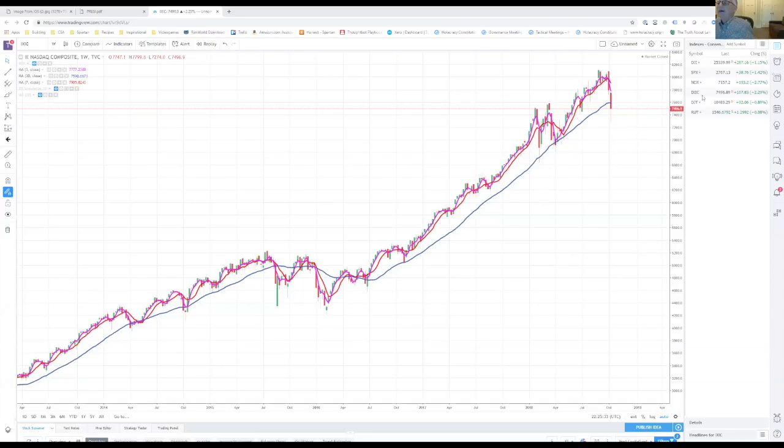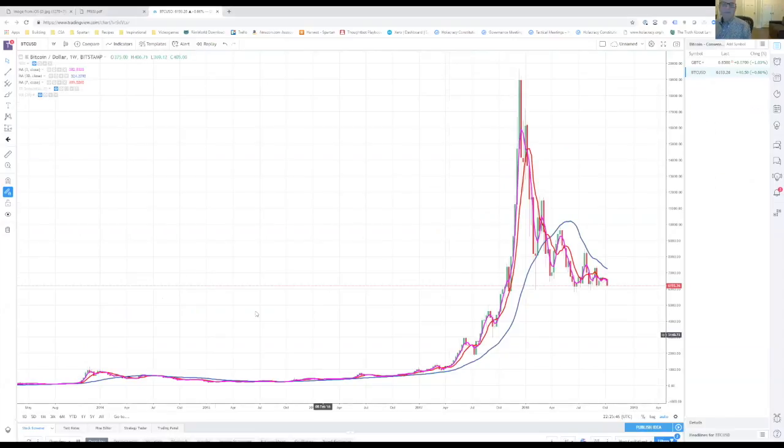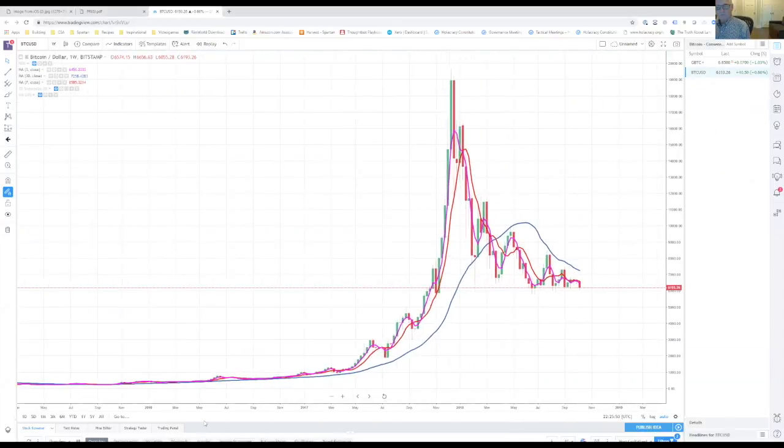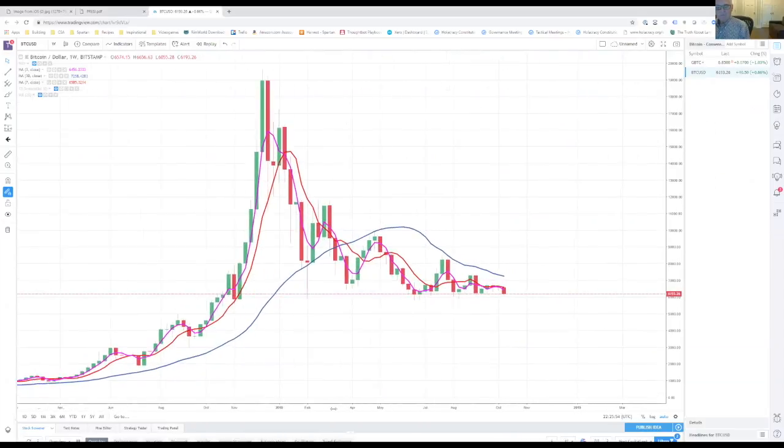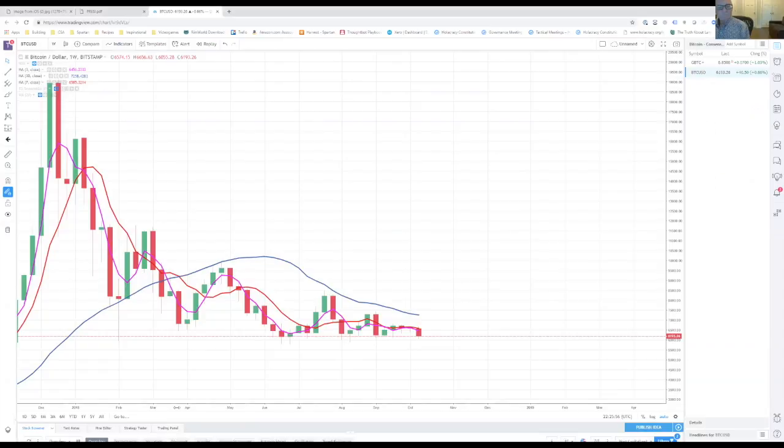So to do that, I've got to go to these magic boxes. I hate magic boxes. And somewhere here we've got Bitcoin. There it is. And so we will start with Bitcoin, and we will do the weeklies, but we will shorten it down to 2018.